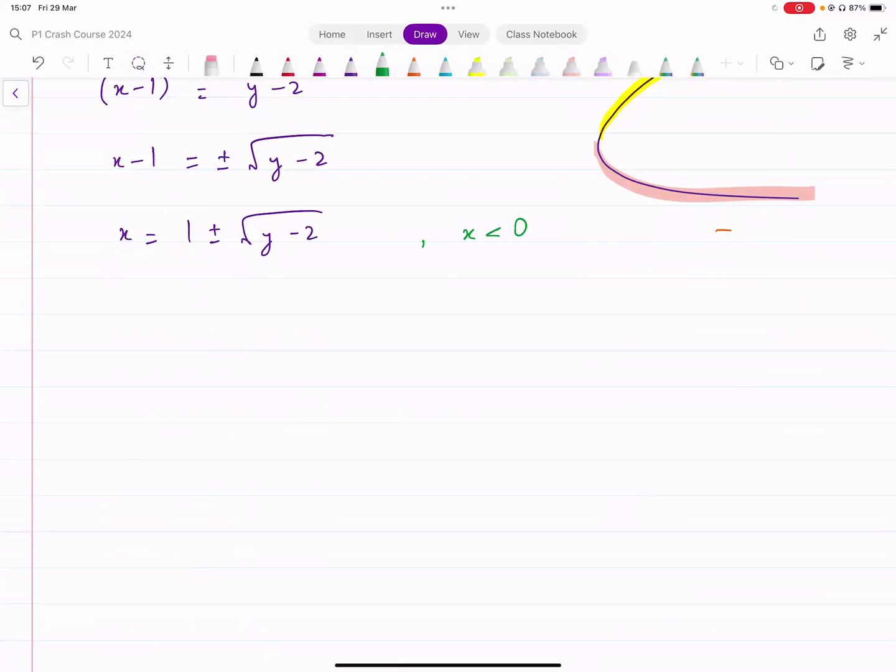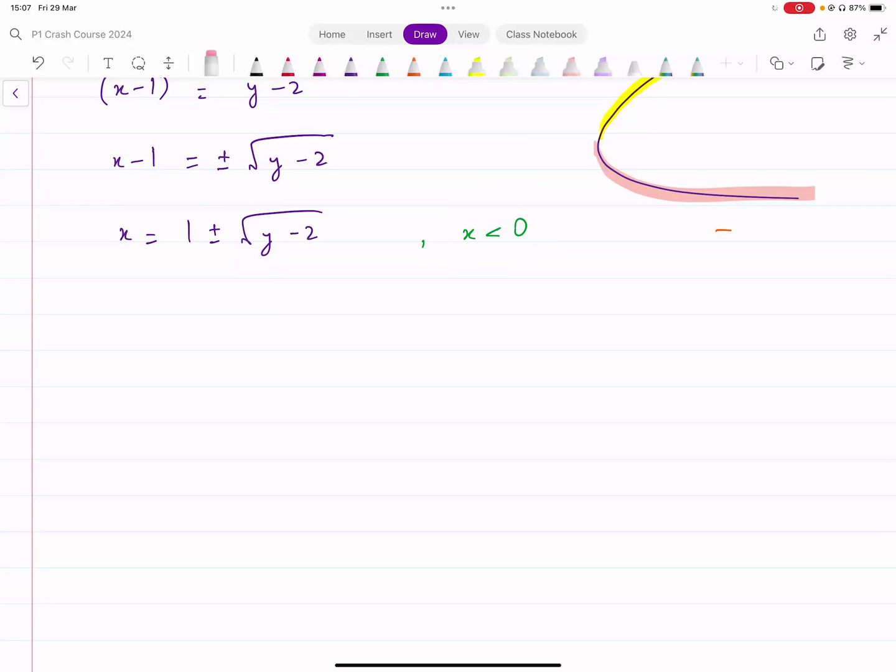Now think about it. You have 1 plus minus something. If you have 1 plus something, would you get something less than 0 or greater than 0? You would only get something greater than 0 when you add something to 1. 1 plus something is always going to be positive. It can never be negative.